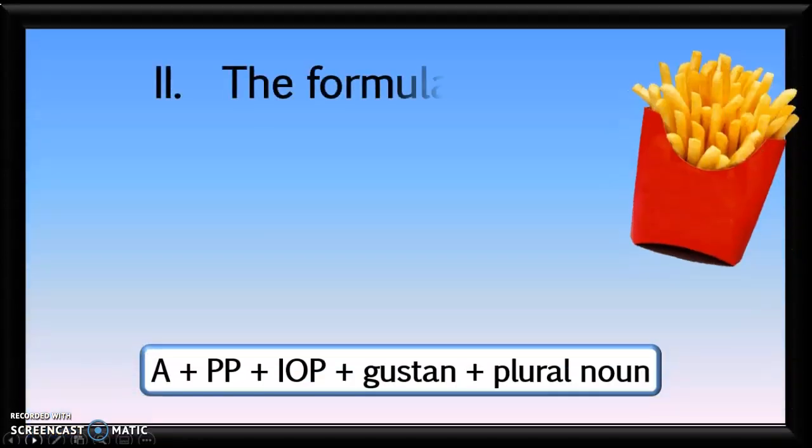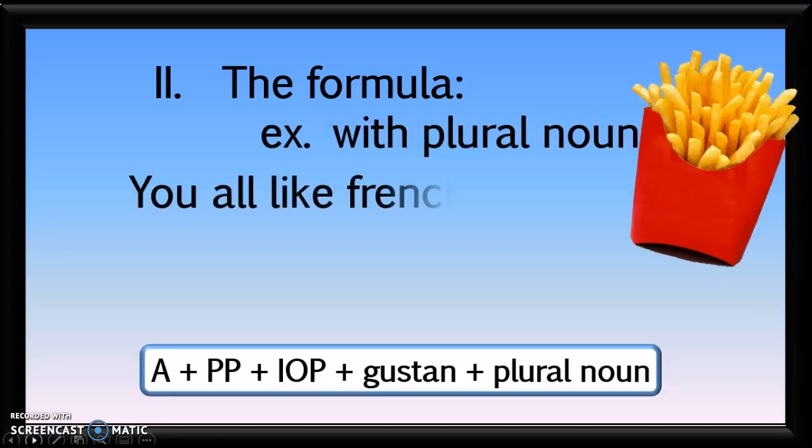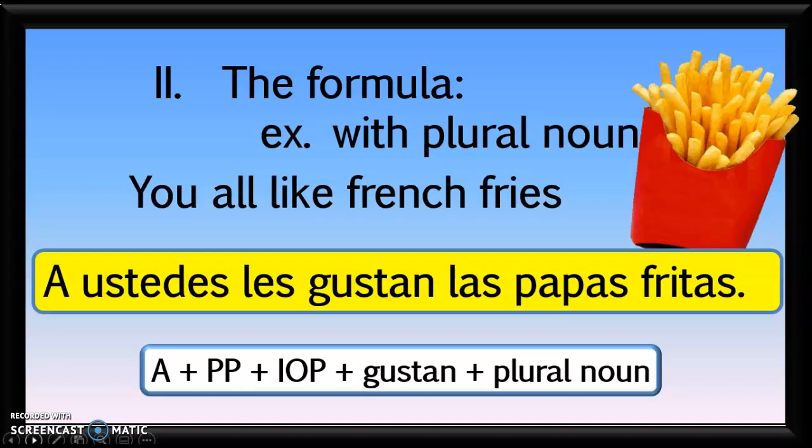Here's another example. You all like French fries. A ustedes les gustan las papas fritas. A plus a prepositional pronoun plus an indirect object pronoun plus the plural form of gustar, which is gustan, and then the plural noun with the article las.